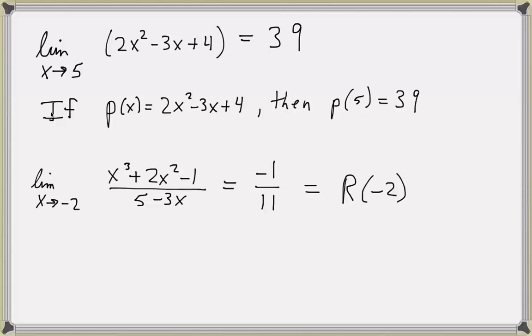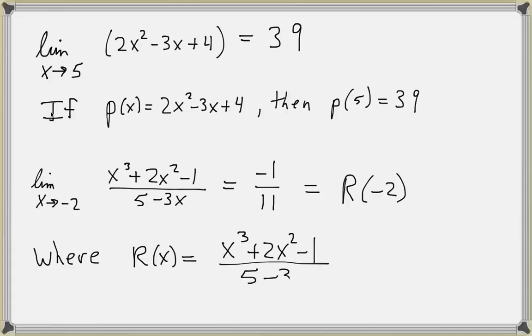So this just equals r of negative 2, where r of x is the rational function x cubed plus 2x squared minus 1 over 5 minus 3x. So as a consequence of the limit laws, we can evaluate limits of polynomials and rational functions very easily. This is a technique called direct substitution. So we can simply plug in the limiting value of x into the function and we can evaluate the limit.